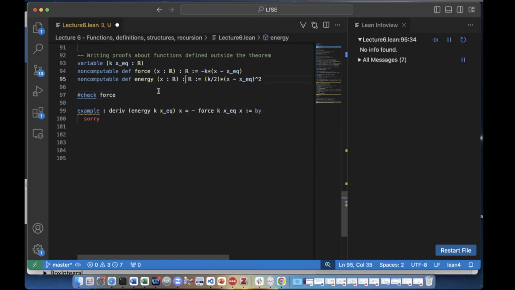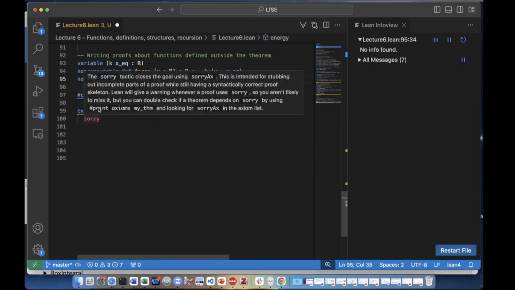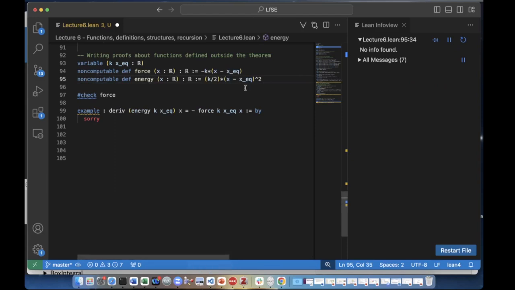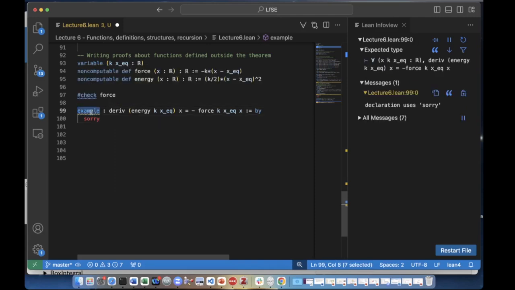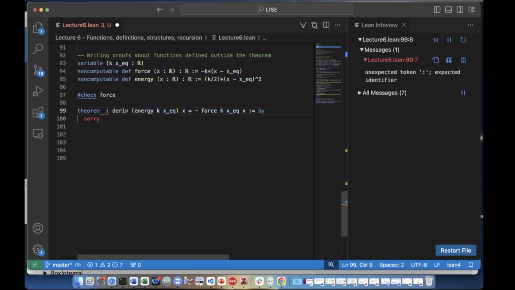Okay. So the thing that's different this time that we need to do is we need to bring these functions into our example statement. I could also name this a theorem. The only difference between example and theorem is a theorem takes a name.